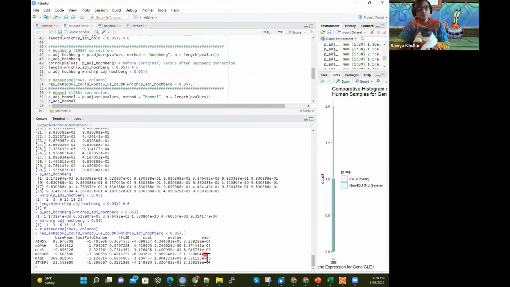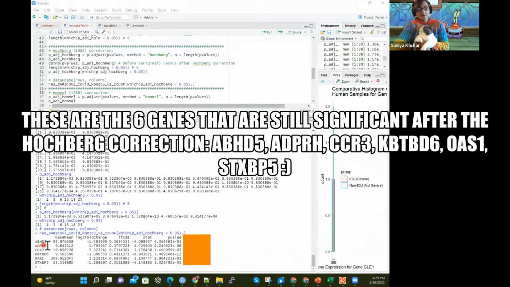We can ignore this, and these are the p-values from before that are still significant under the Hochberg correction. These are the corresponding ones. These are not the p-values we will use. We will use the Hochberg p-values to find the significance, but these are in the original data set. These were the genes: ABHD5, ADPRH, CCR3, KBTBD6, OAS1, STXBP5. That's what it looks like. I just put this in our data frame as a criteria to filter the rows.